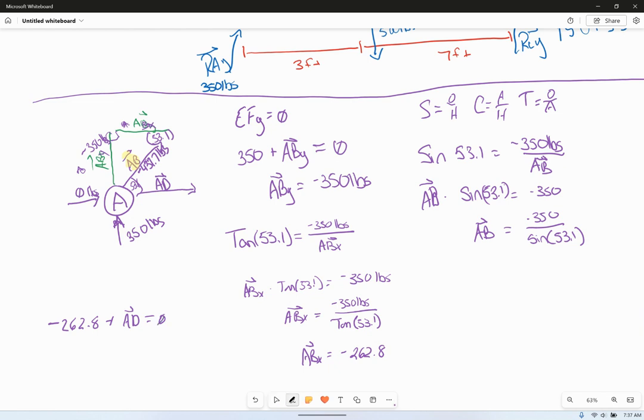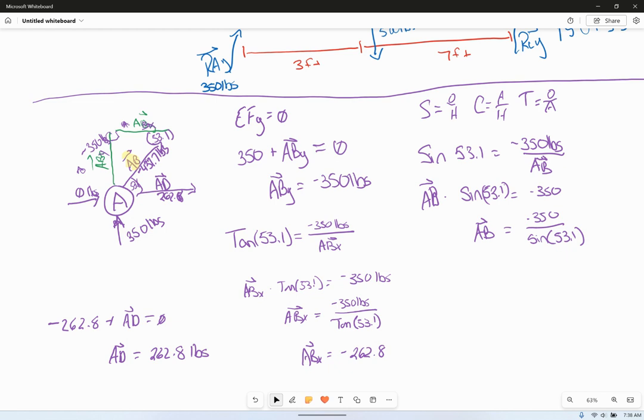So we isolate that, and AD vector is equal to 262.8 pounds. That is a positive number, and that is our reaction force. We are saying that yes, this is correct in our assumptions, that the reactionary force in tension is to pull, which is we're pulling back in. So 262.8 for our problem there.